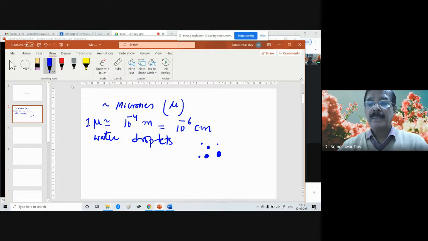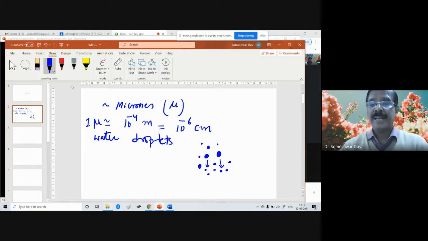some of them will start descending down because of gravity. When they descend, they start colliding with the smaller water droplets present in the way.